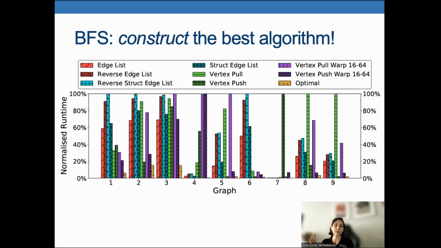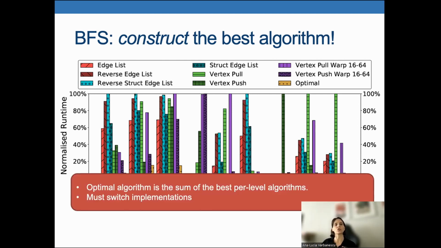So say for level 1, it could be edge, level 2 could be edge, level 3 could be vertex, vertex, edge, vertex, vertex, vertex. And then we know that is going to be the best algorithm by construction. So we can't predict a non-changing algorithm, but we can construct a changing algorithm per level that could build us the best possible BFS for a given input graph.